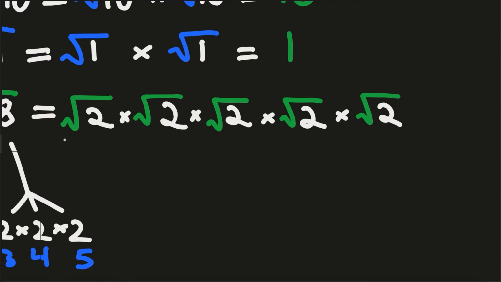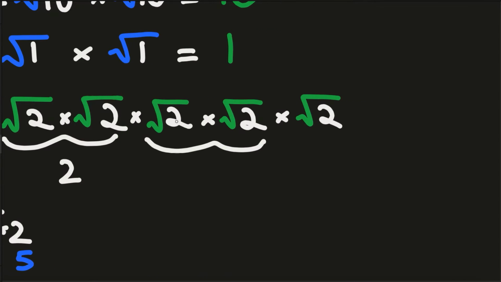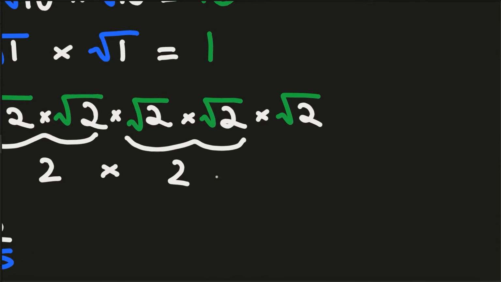So now let's simplify it. Square root of 2 times the square root of 2. It is the same square root being multiplied by itself, which means that it would cancel out and give us 2. Same process here. Square root of 2 times square root of 2. We know it's the same square root, so we're left with 2. And we bring down this multiplication sign, so there.